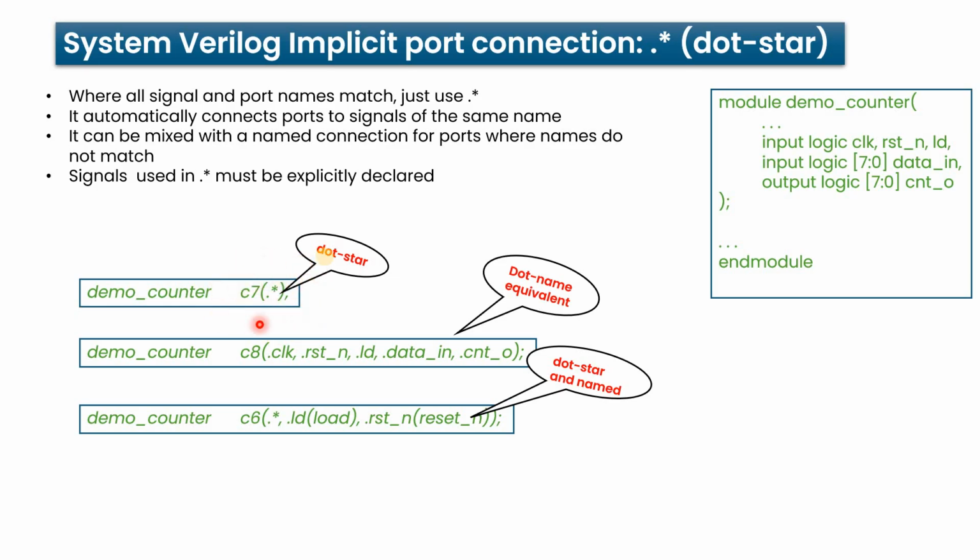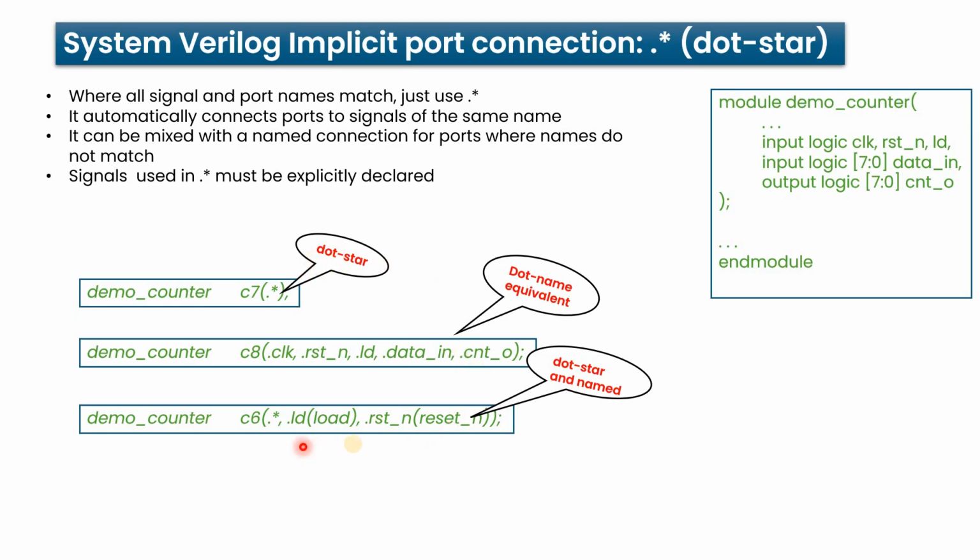This will connect each port with the signal without explicitly naming them in the instantiation of the child module. So it simplifies. For example, if a module has hundreds of signals, we don't have to write 100 port connections. We can directly use dot star if our signal names and the port names of the child module are the same.